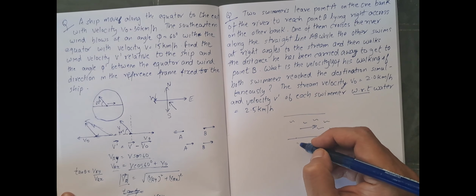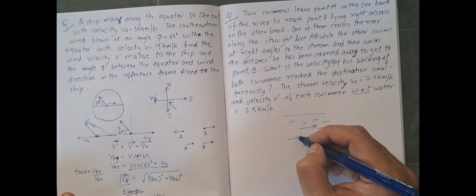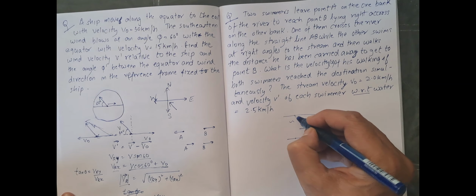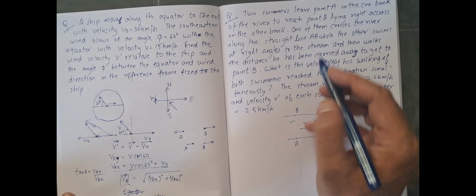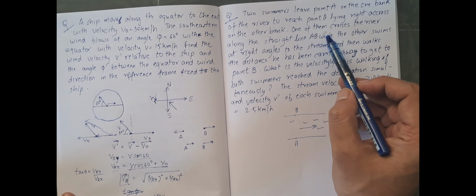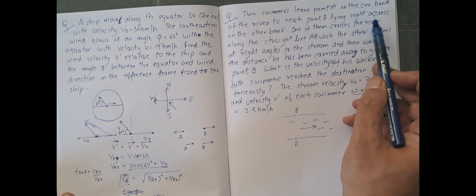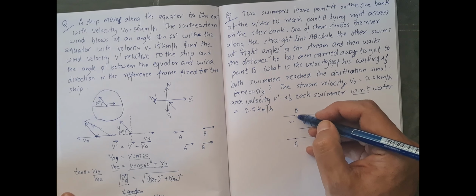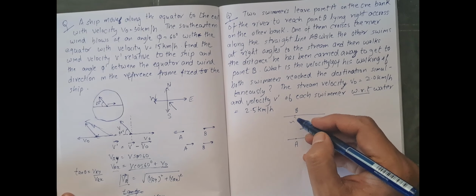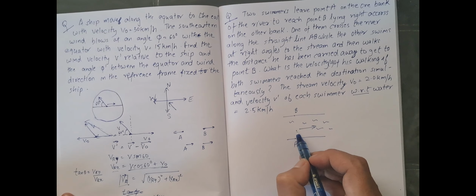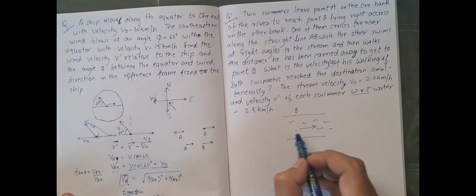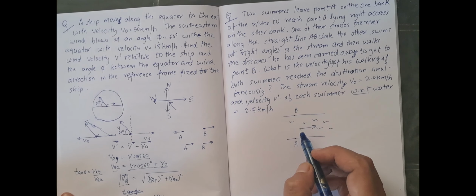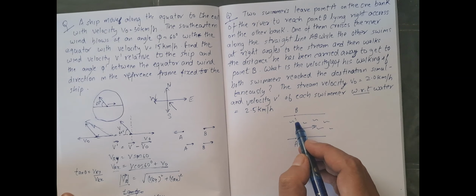And this swimmer starts off from a point A and then reaches a point B, which as per the question is lying right across on the other bank, and the line connecting A and B is exactly perpendicular to the direction of the flow of water. That's what it means, because it very clearly says that B is lying right across on the other bank.